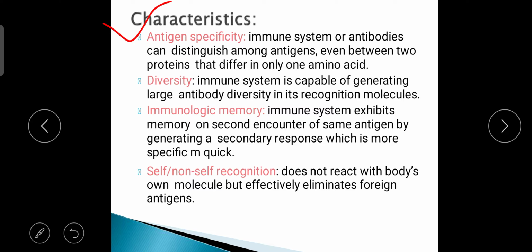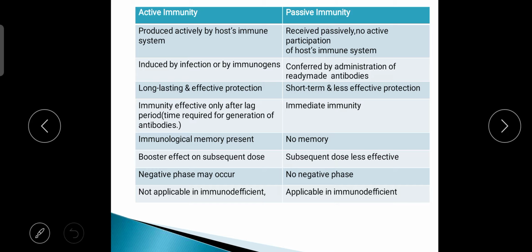Now I am going to tell you the difference between active and passive immunity. The first one: active immunity is produced actively by the host immune system, but passive immunity is received passively, with no active participation of the host immune system. Active immunity is induced by infection or by immunogens, but passive immunity is conferred by the administration of ready-made antibodies.